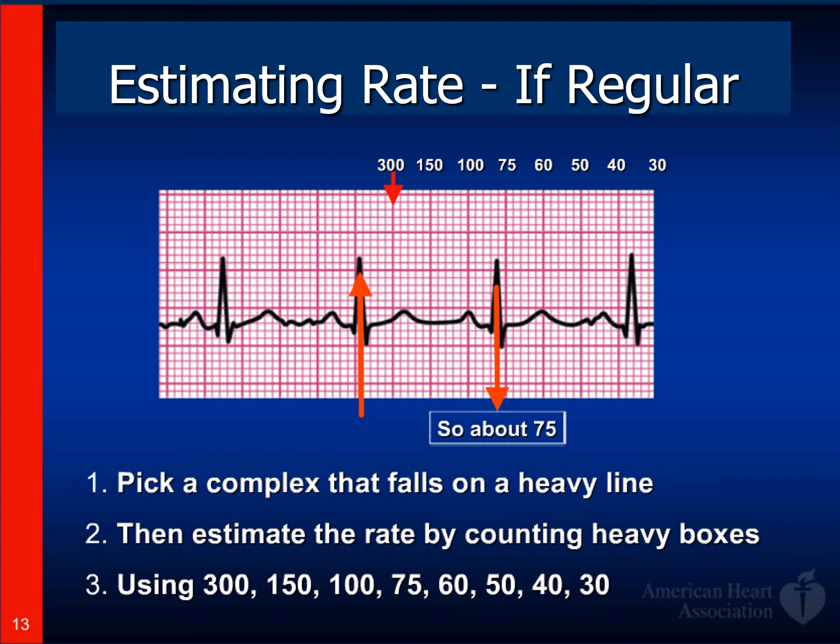If there's 2 boxes, it's 150. If there's 3 boxes, it's 100, and so on. 4 boxes, 75, etc. Again, if you're actually working in an ICU or even in a step-down unit, many times it's not necessary to do this. However, for our credentialing exams, for our American Heart Association certifications and things along those lines, this is absolutely a good thing to know.